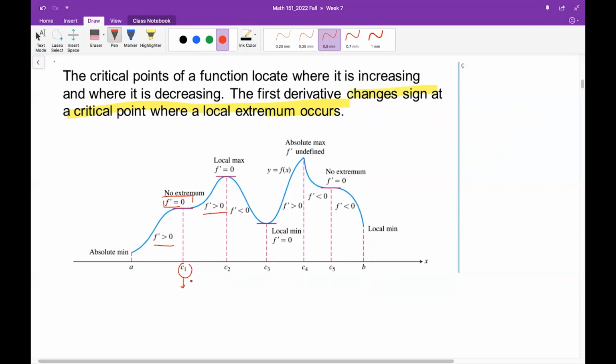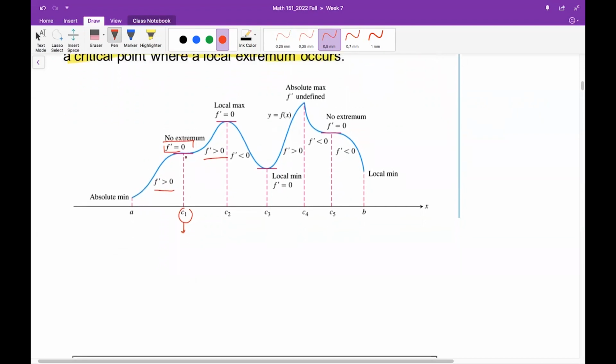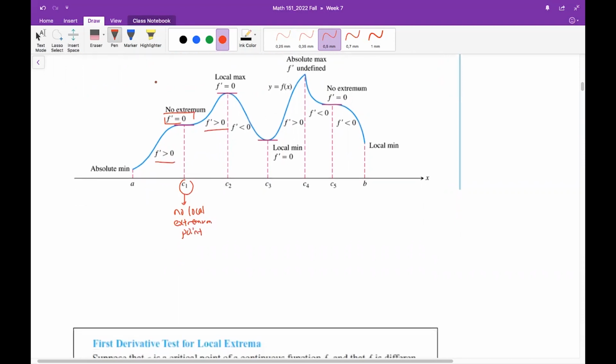So here, first derivative does not change its sign. That's why you don't have a turning point like this. Your function keeps increasing there. And there is no local extremum point here. Okay, I can also create the table for this point.